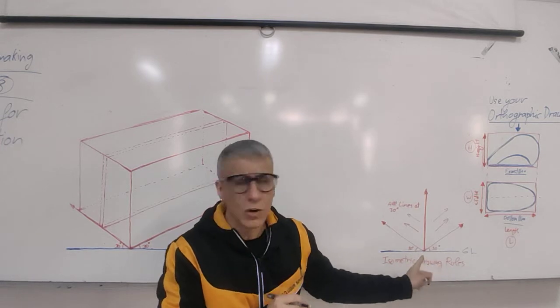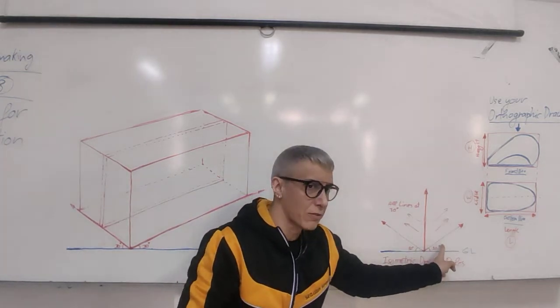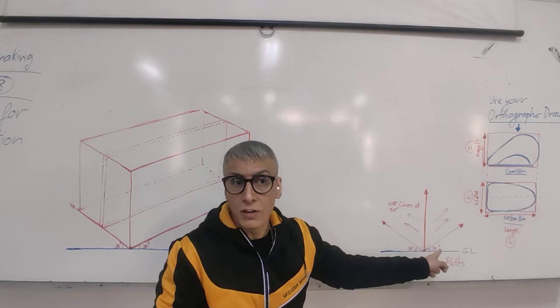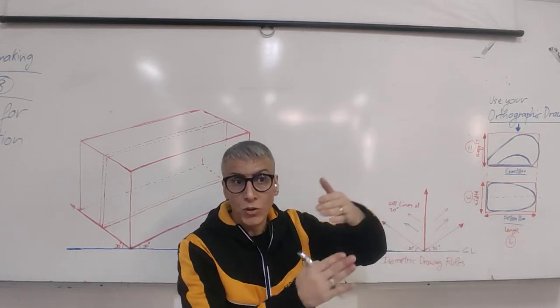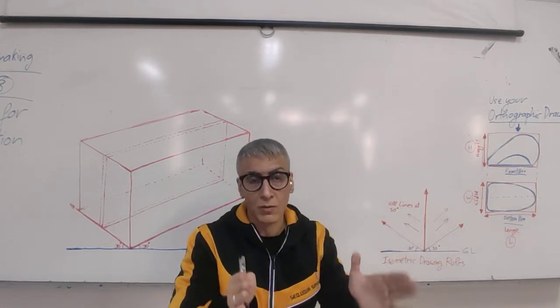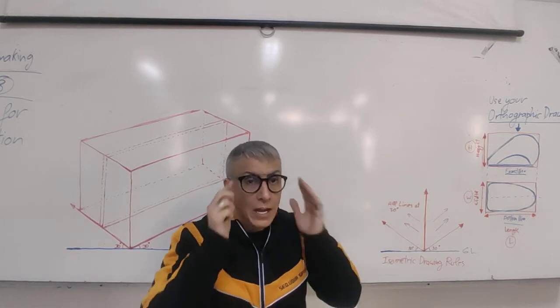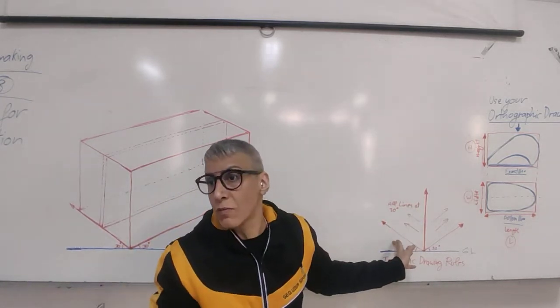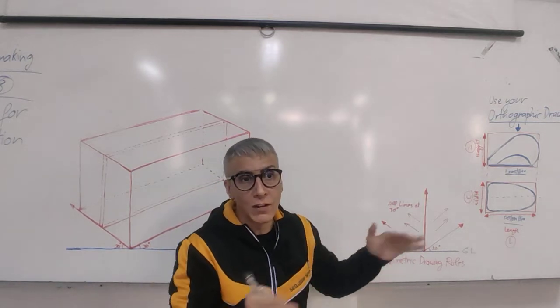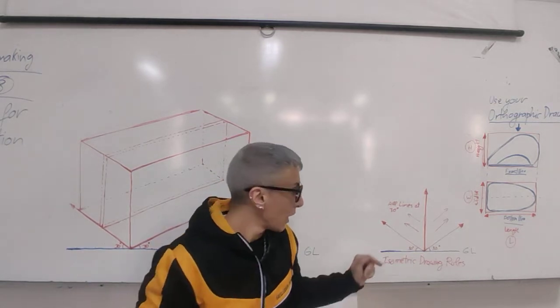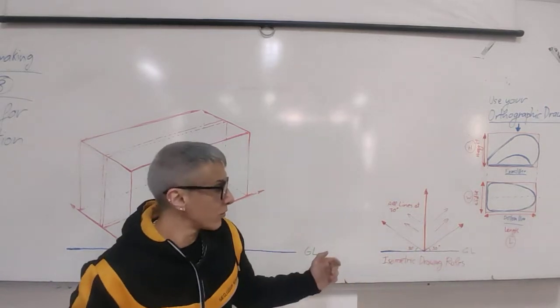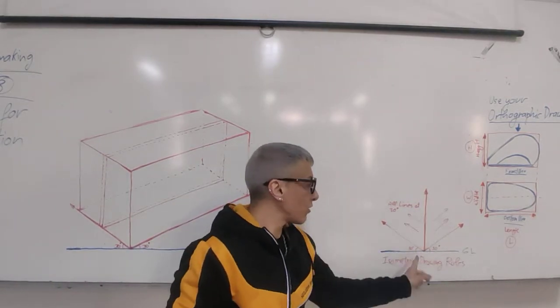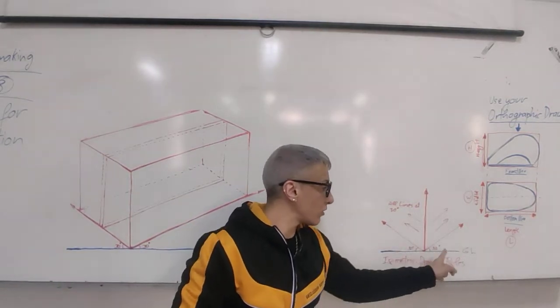Sometimes the isometric drawing is drawn with 45 degrees, but the 30 is better, okay? Because all the corners will meet in a more perfect way, and it's easier to understand. But just so you know, in case you see something online, okay? So this is correct, and the 45 degree is also correct, used for different purposes.